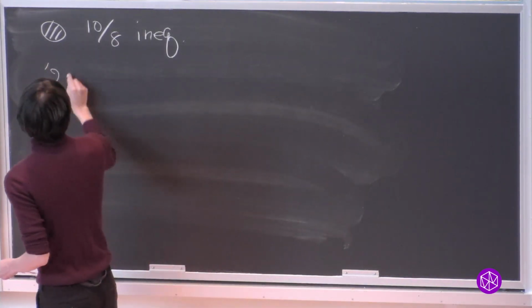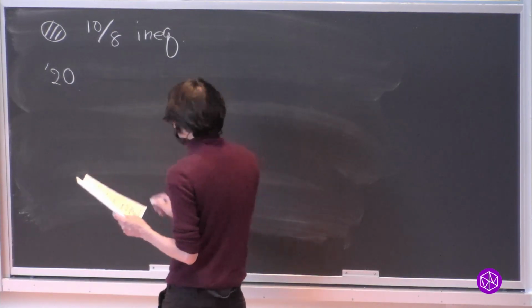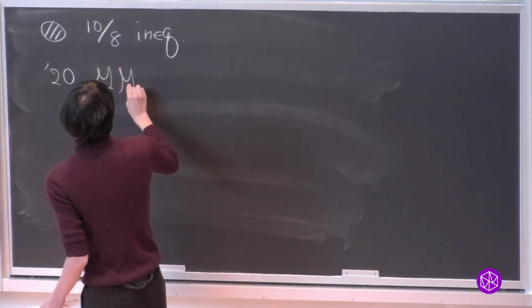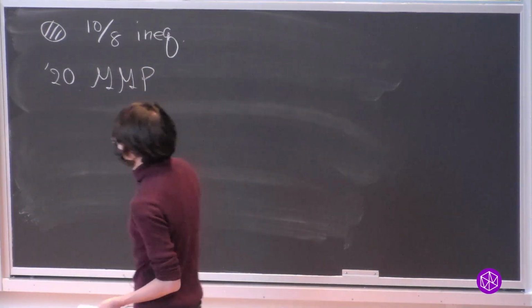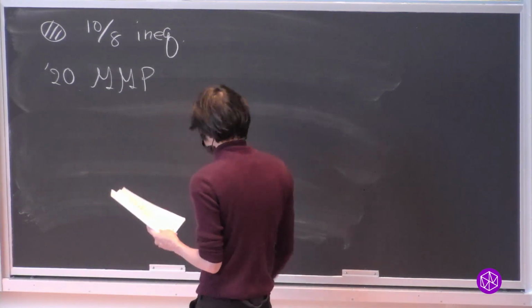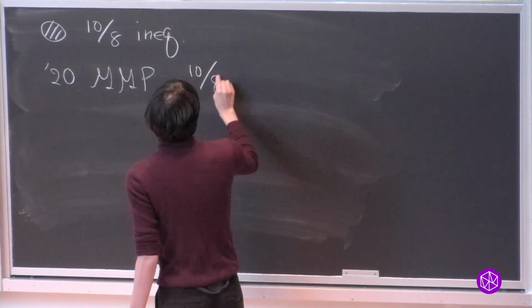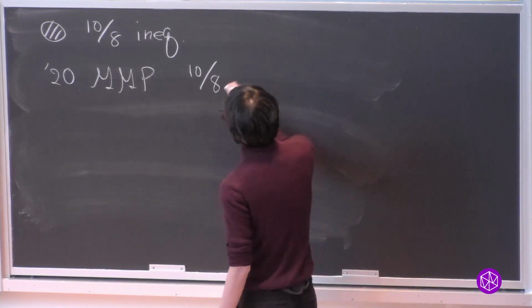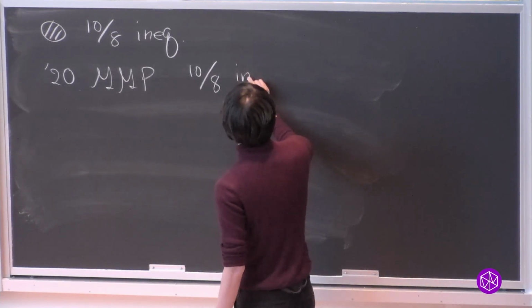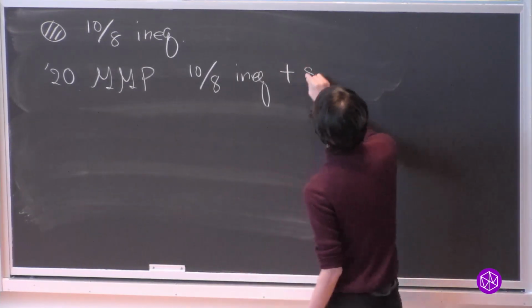And let me just review again the studies. In the same paper, Marengo–Piccirillo also provide the obstruction by using the usual 10/8 inequality plus a surgery technique.